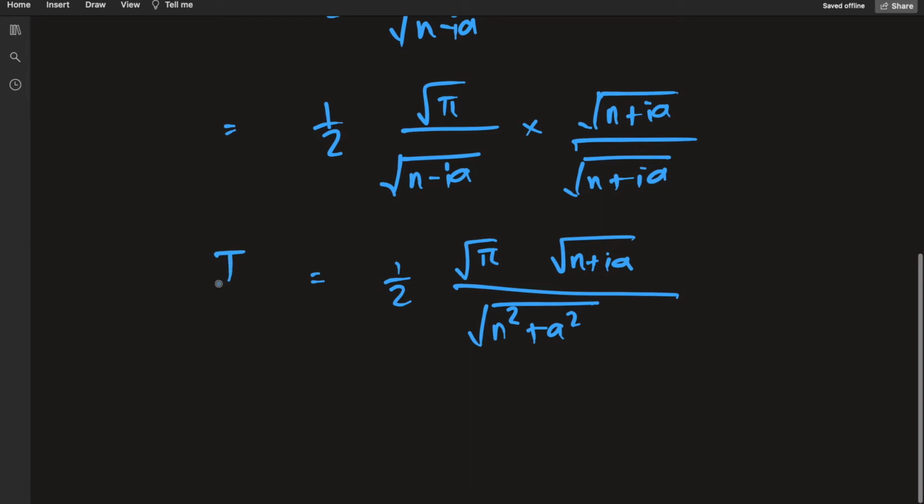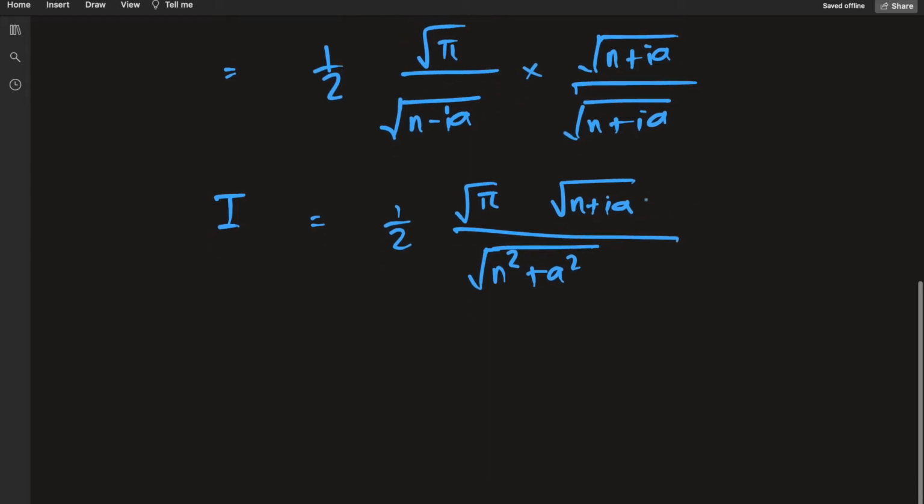Okay, you can call that I. And some of you may think, now we're done, right? Everything looks nice, but it doesn't. I'm not satisfied, because I say we can convert this square root of a complex number into another complex number, and that's only possible because we're working on the complex plane now.